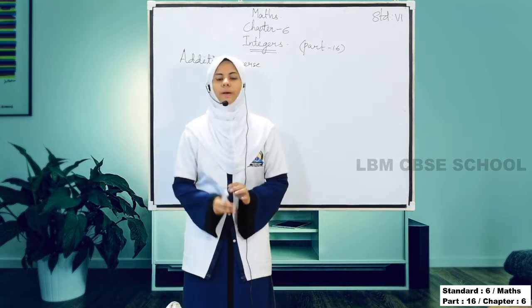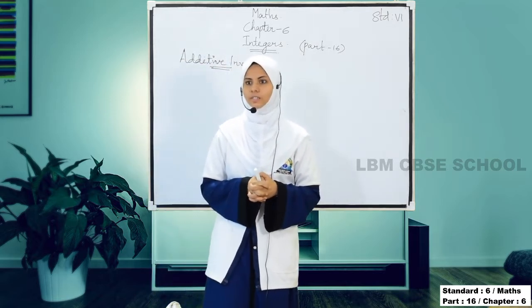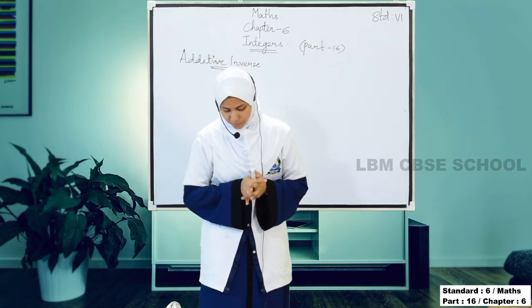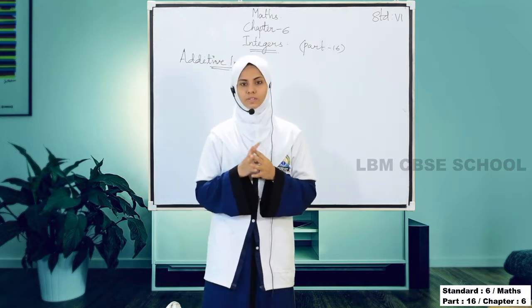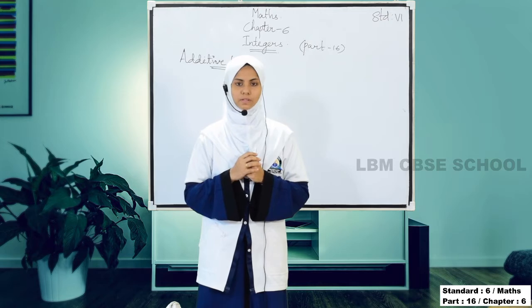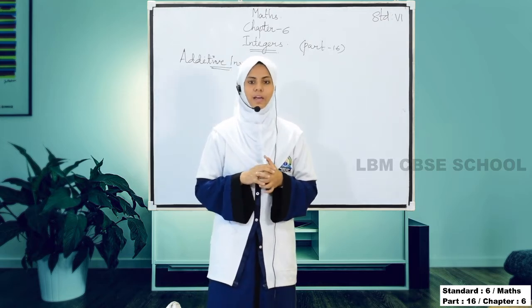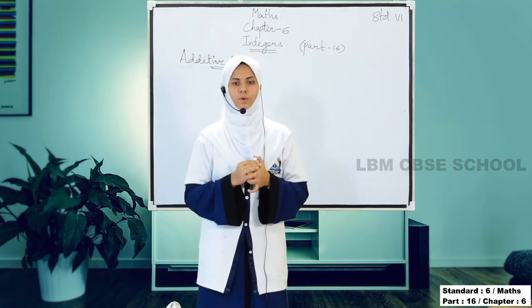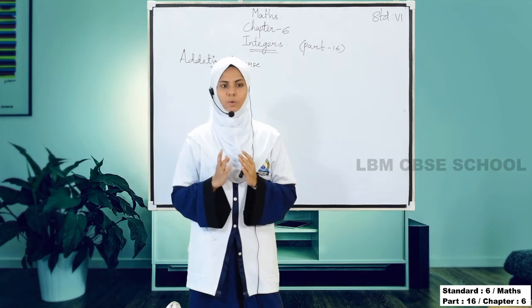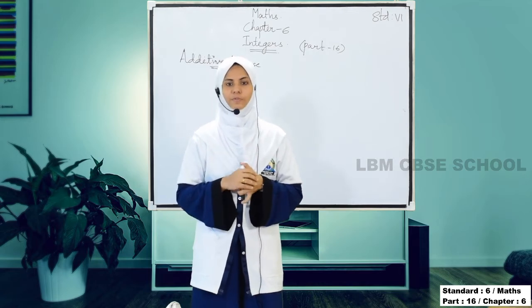What do you mean by additive inverse? Additive inverse means when we add two numbers to each other, we have to get the sum 0. Then those numbers are called additive inverses of each other.